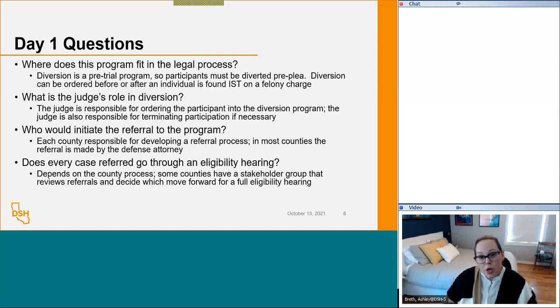As an example, a number of our counties have established stakeholder groups made up of the public defender's office, the district attorney's office, and the county behavioral health leads for the program. They get together, look through the different referrals, and come to an agreement on who they're going to move forward into the eligibility hearing phase. That's one way we see it done, but it's up to your county as you move through this planning process.